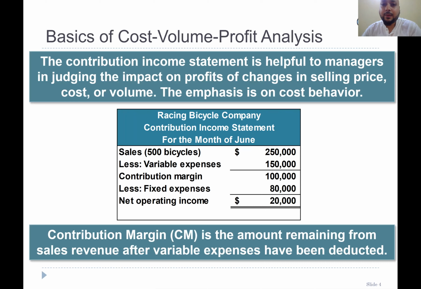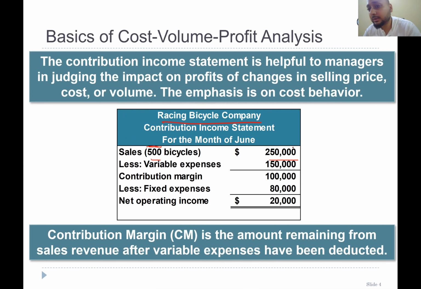The basics of cost volume profit analysis: we will be following our RBC example, which is Racing Bike Company. They have presented their information here. They are selling 500 bicycles, so their sale is 250,000.